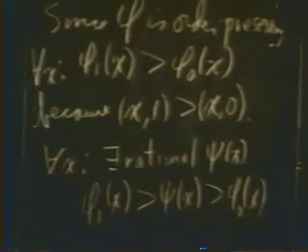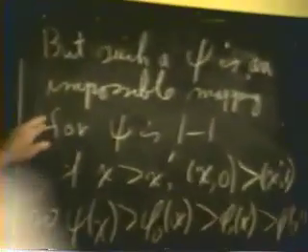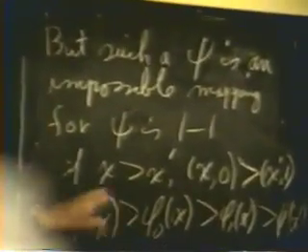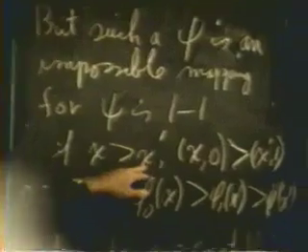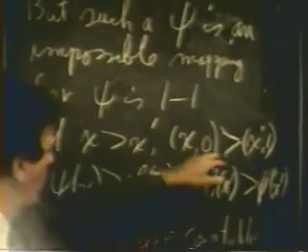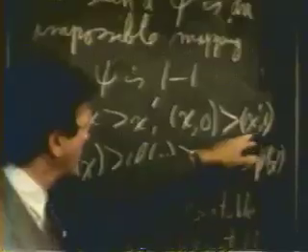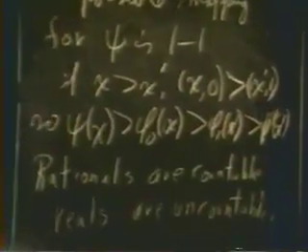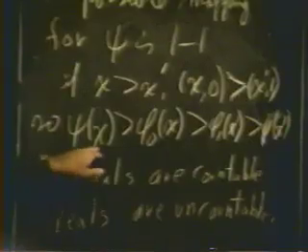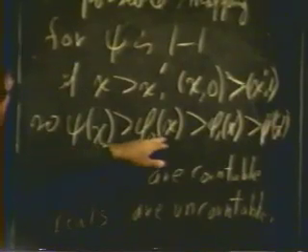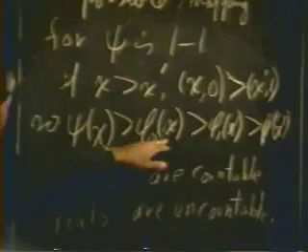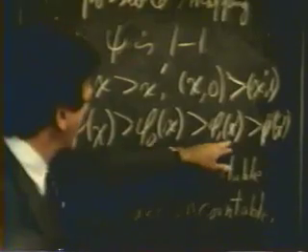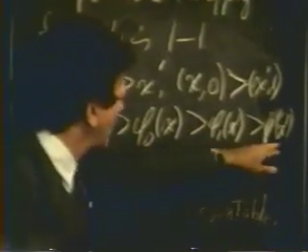Why is it impossible? Well, first we note that psi is a 1-1 function. Why? Because if x is greater than x prime, it's easy to see that x0 is strictly greater than x prime 1, because we look at the first coordinate now. So that means that psi of x is greater than phi 0 of x, which is greater than phi 1 of x prime, which is greater than psi of x prime.